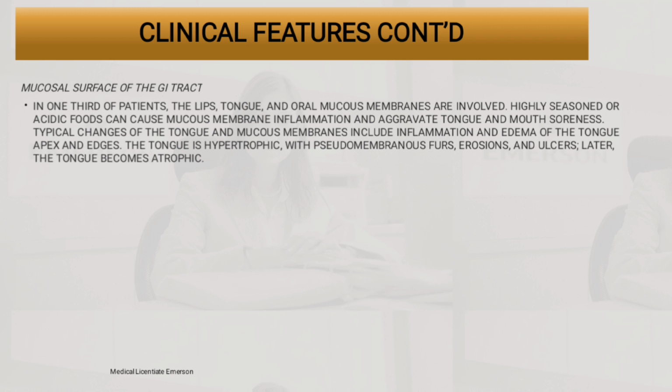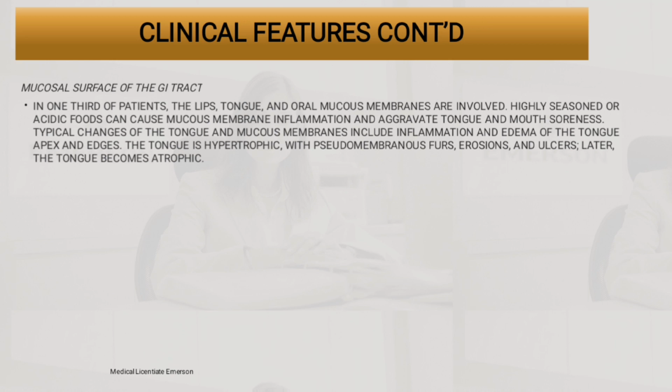Highly seasoned or acidic foods can cause mucous membrane inflammation and aggravate tongue and mouth soreness. Then there will be typical changes of the tongue and mucous membranes, which include inflammation and edema of the tongue, apex, and edges. Then the tongue is hypertrophic with pseudomembranous fuzz, erosions, and ulcers.